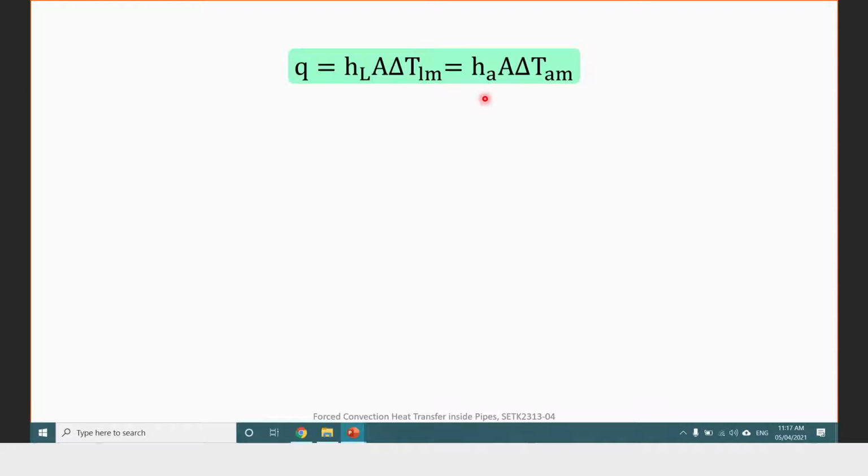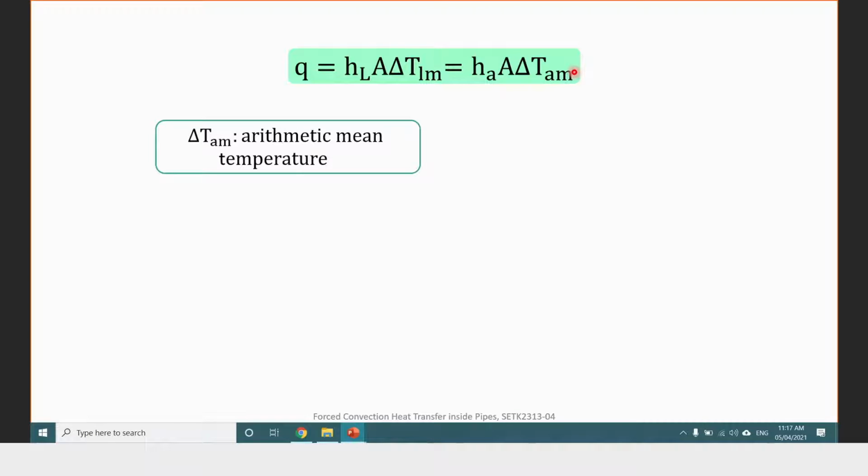But if we have the average heat transfer coefficient, then we can use the arithmetic mean temperature. The arithmetic mean temperature can be calculated simply by delta T1 plus delta T2 divided by 2. If you remember, delta T1 is the temperature difference at one end, and delta T2 is the temperature difference at the other end.